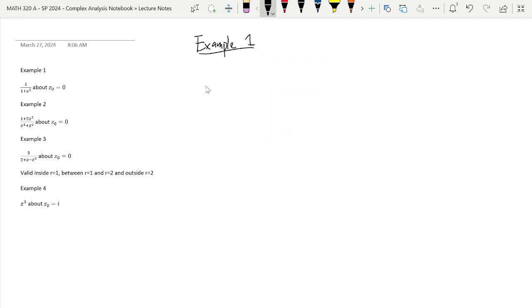You have the question to expand 1 over 1 plus z squared in power series about the point z0 equals 0.